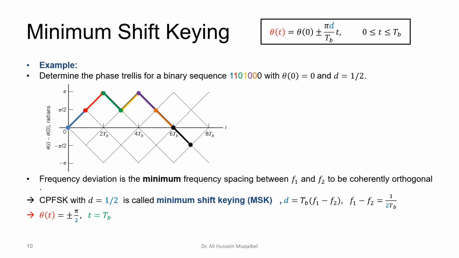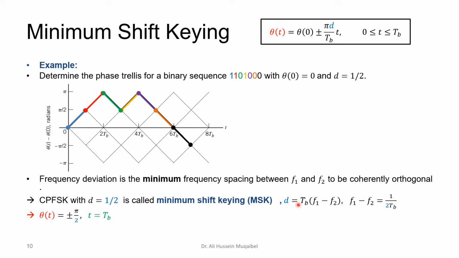Now let's look at an example of minimum shift keying. This example determines the phase trellis for a binary sequence 1101000 with the initial phase of 0 and d equal to 1/2. D equal to 1/2 guarantees that we have minimum shift keying. Remember that the difference d is related to the frequency and the bit duration by the following equation.